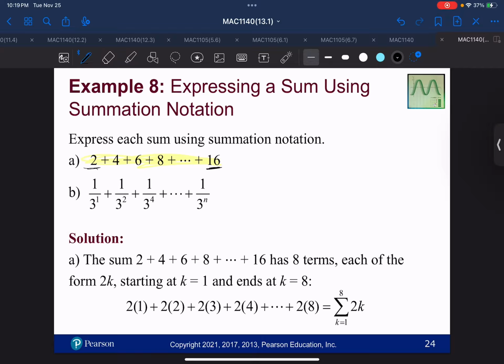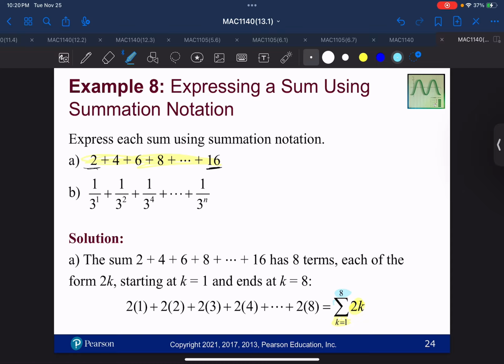So that tells me that the actual formula will be 2 times k here. And we could start at k is 1, because 1 times 2 is 2. And then you put in 2, 2 times 2 is 4, until we get to 16, which would be 2 times 8. So that's why the ending point would be 8. So that's how we can express that sum in summation notation.